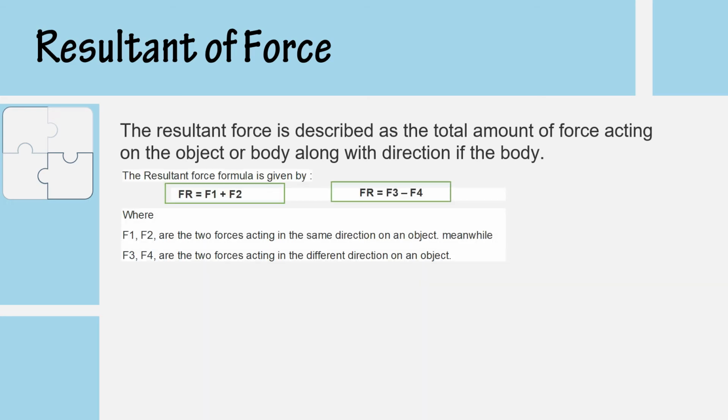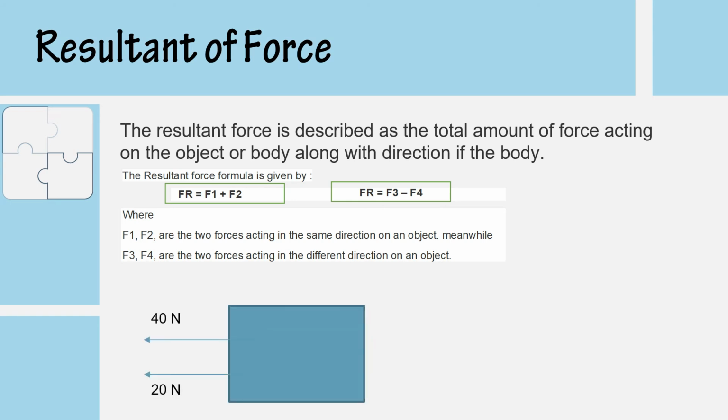The resultant force formula is given by resultant force equal to force 1 plus force 2, where force 1 and force 2 have the same direction on the object, while the resultant force equal to F3 minus F4, where F3 and F4 have different directions on the object.